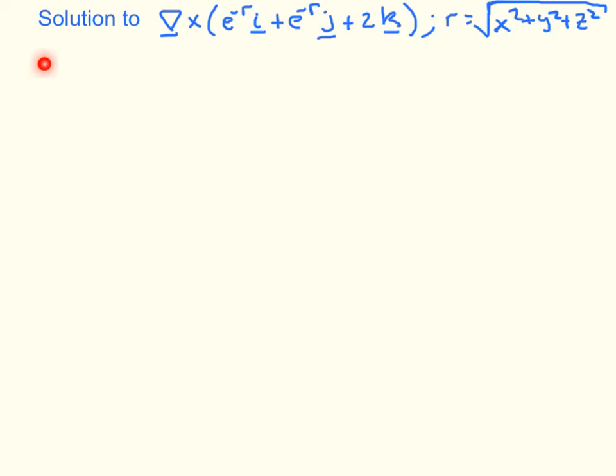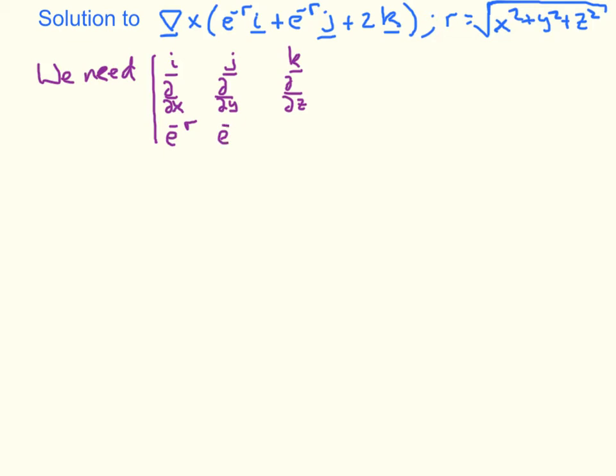So we need to calculate the determinant, top row i, j, k, d by dx, d by dy, d by dz, and e to the minus r, e to the minus r, and 2.